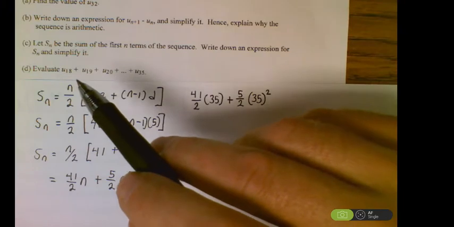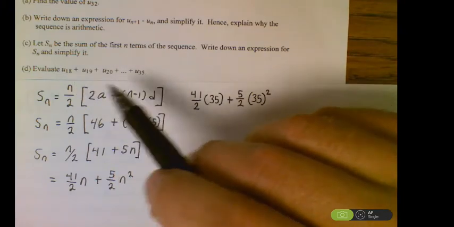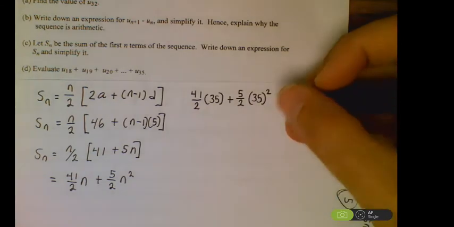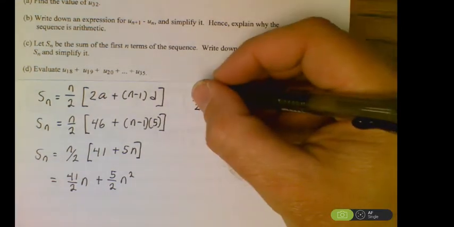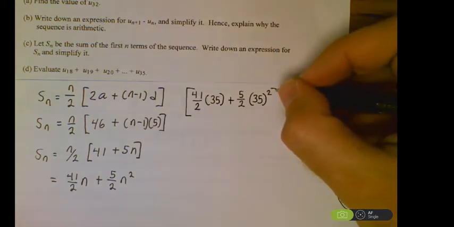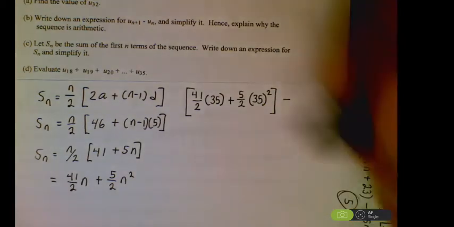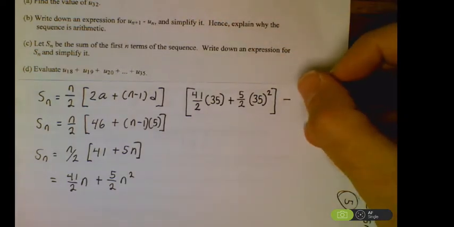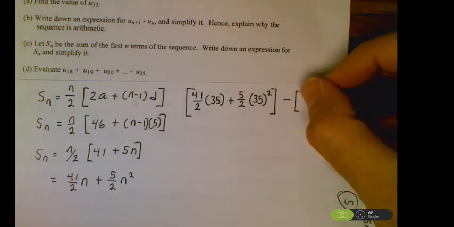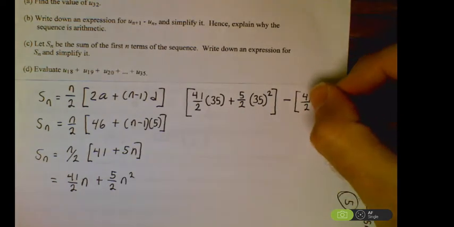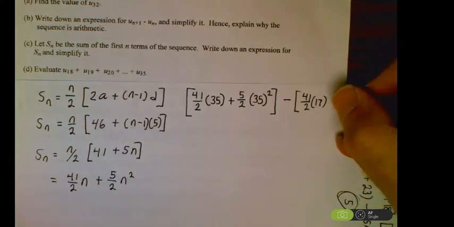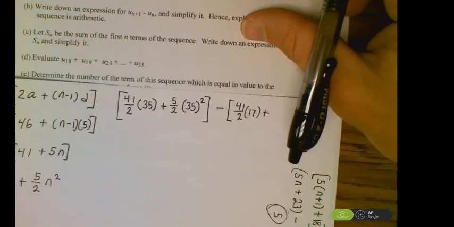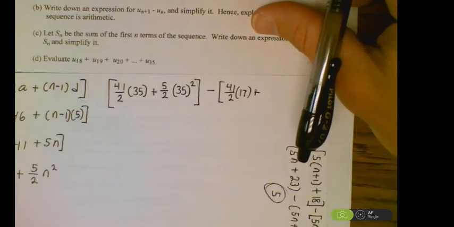But we don't want all 35 terms. We only want from 18 and above, which means I've got to get rid of the first 17 terms. So I'm going to now subtract out the sum of the first 17 terms so that I'm left with just that group right there. So now I'm plugging in the 17. Sorry, I'm going to drop off the page here, but fit it on there as best I can.